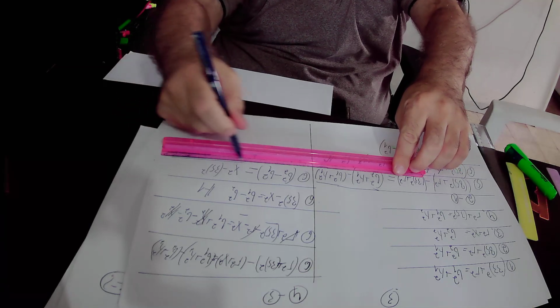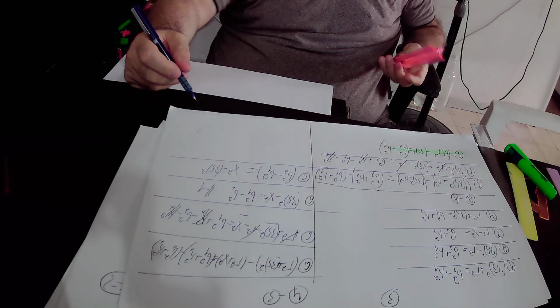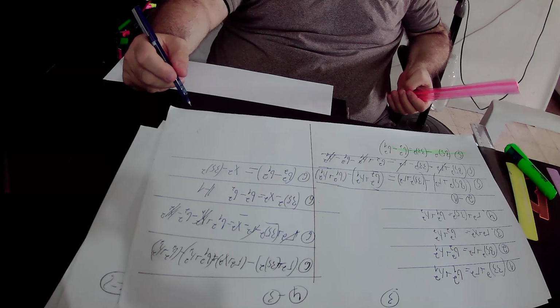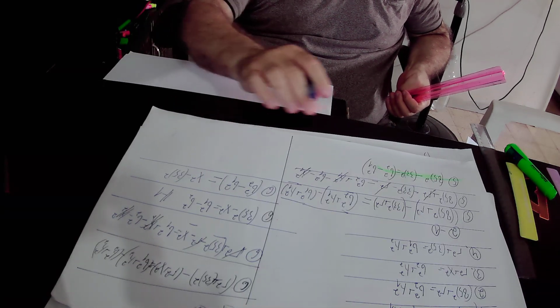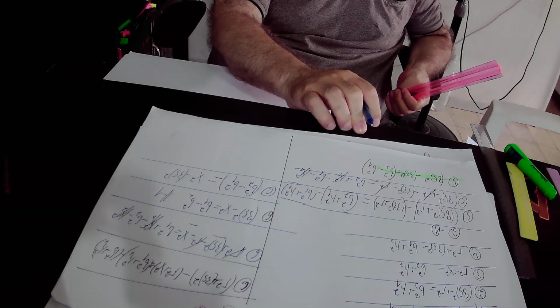So in equation number 6 we have b2 squared minus b1 squared, and in equation number 5 we have also b2 squared minus b1 squared.